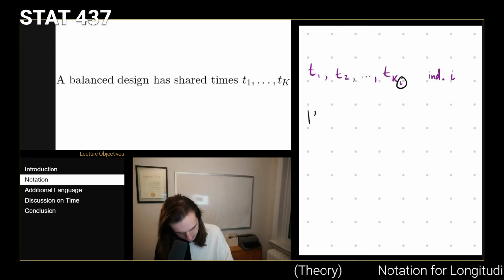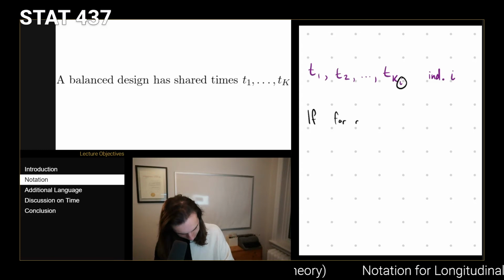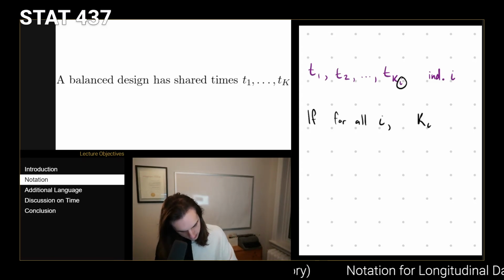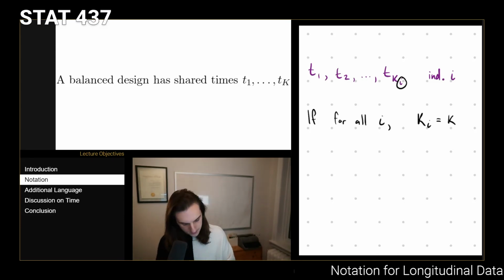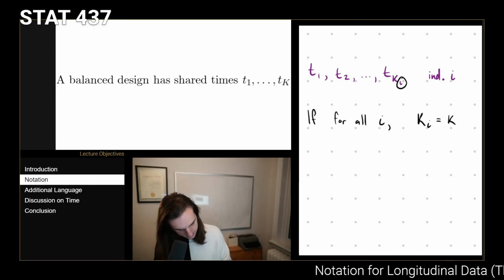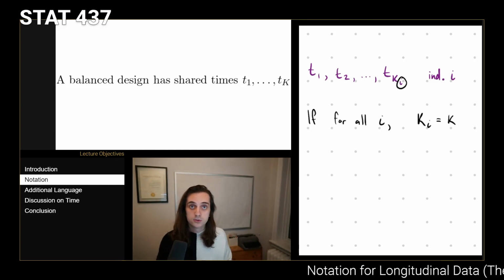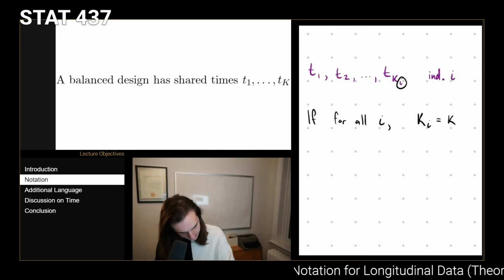So what I'm saying here is that if for all i, ki is equal to some constant k, then all individuals have the same k measurements taken, and we say that the design is balanced.